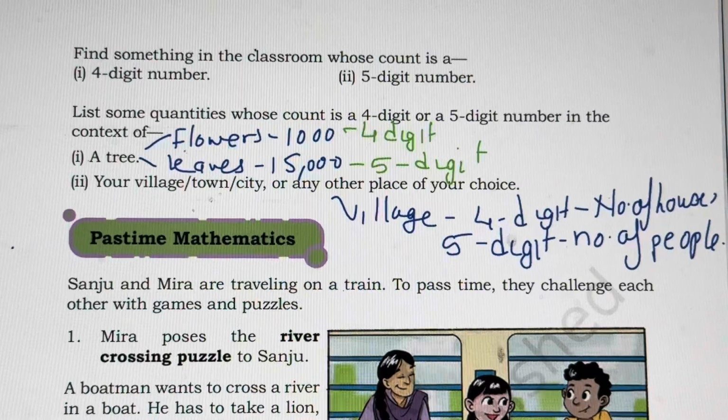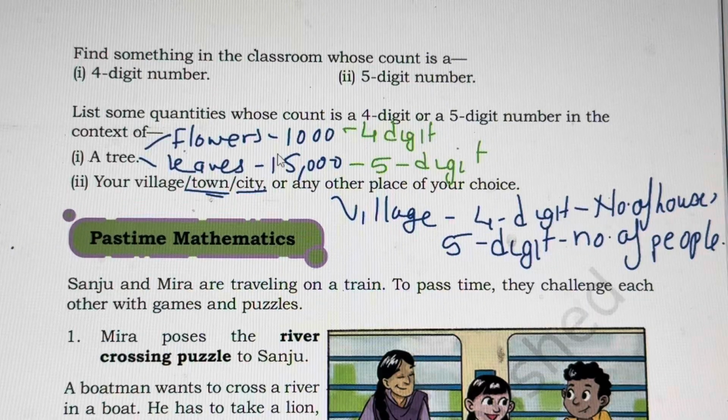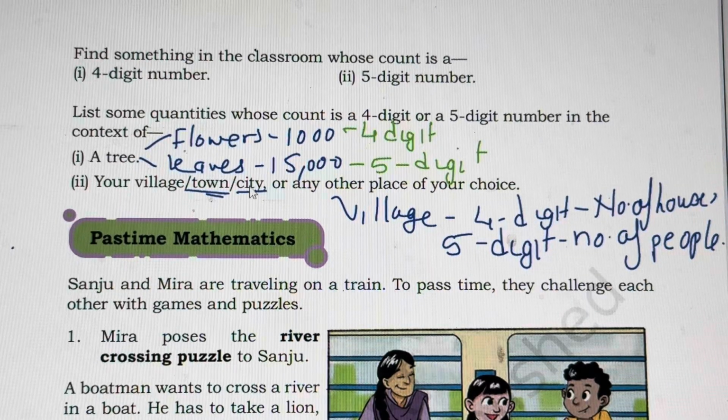So this part of the video covers finding large numbers around us. You can take examples of towns and cities. I have taken the example of a village, and you can take various things. You can also find out the population of your own city. So you will get an idea of large numbers.